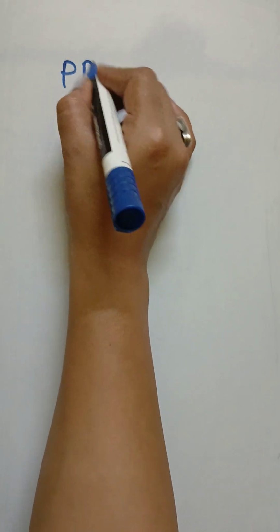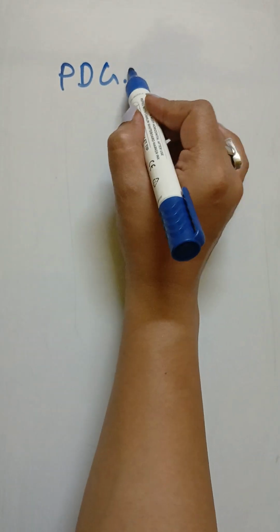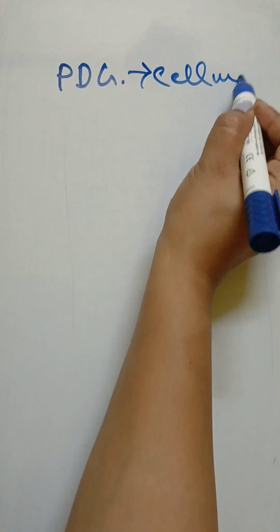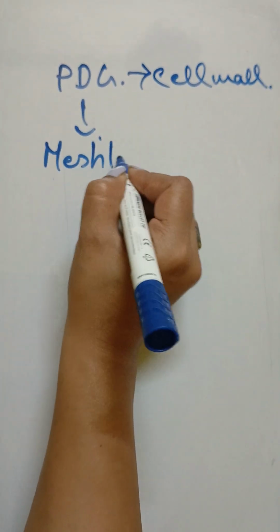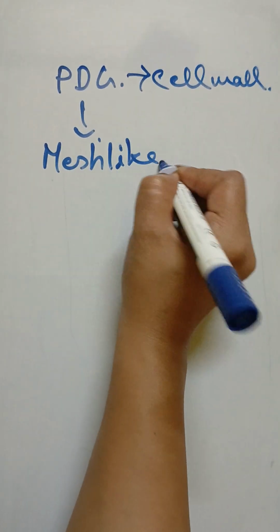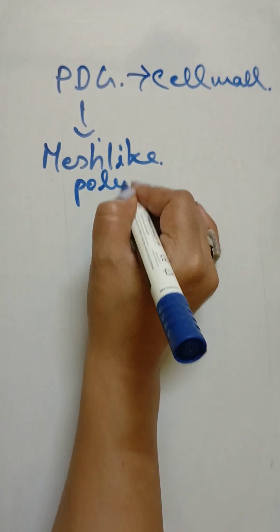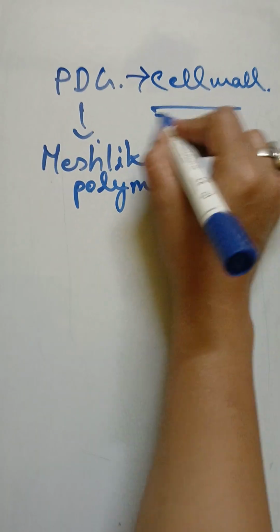So PDG is the major constituent of cell wall. It's basically a mesh-like polymer present in this cell wall.